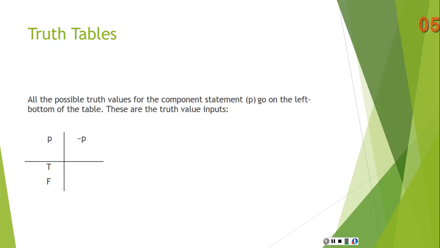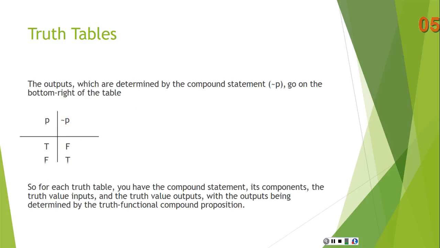To finish out the truth table, we need to give the truth value outputs. The outputs, which are determined by the compound statement, not P, go on the bottom right. So we see that whenever the component statement P is true, the compound statement not P is false. Whenever the component statement P is false, the compound statement not P is true.